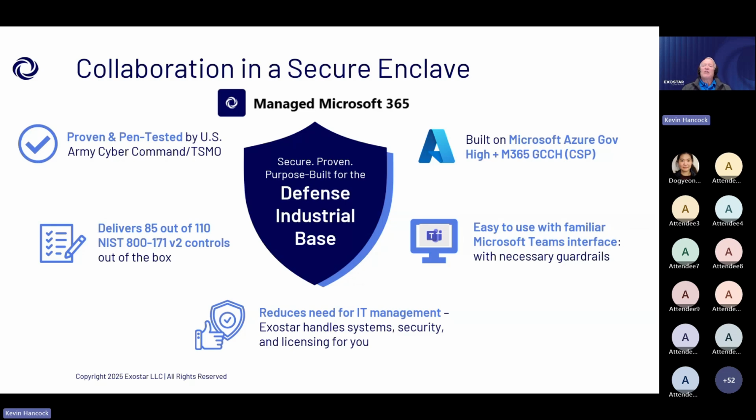It has an Exostar application embedded within it with the necessary controls in there to satisfy 85 of those 110 NIST 800-171 controls. The Exostar application allows you to manage this on your own.